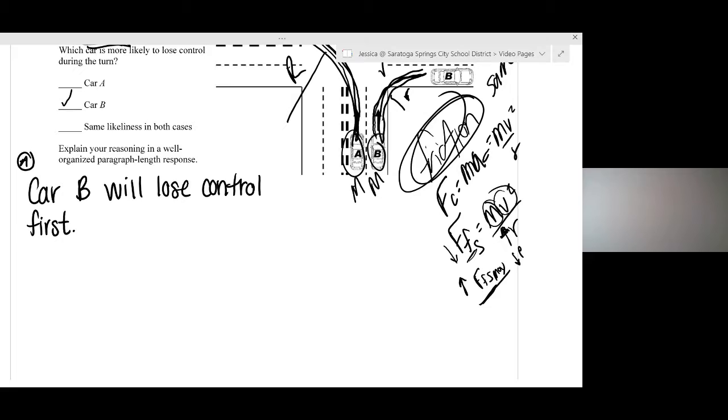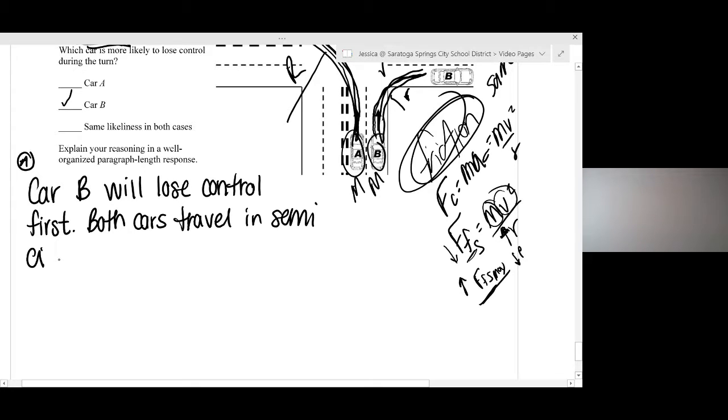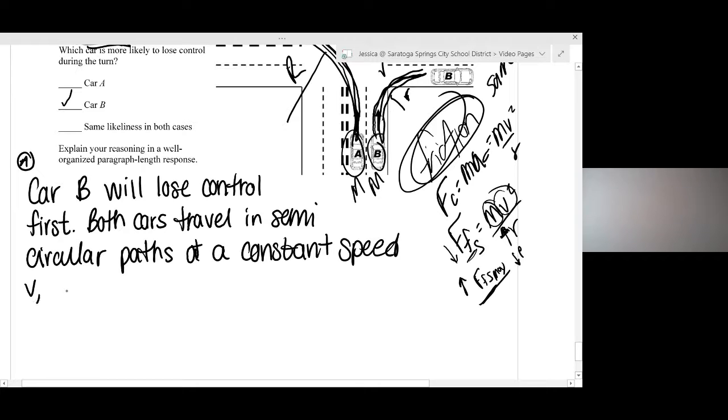Both cars travel in semicircular paths at a constant speed v and have a mass m. So that's a little bit of citing.